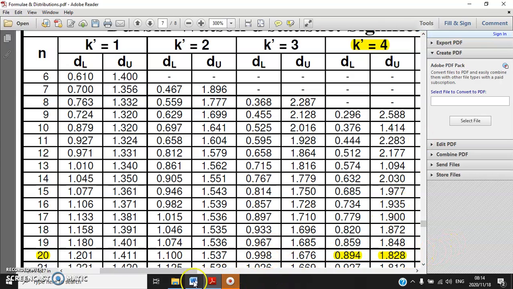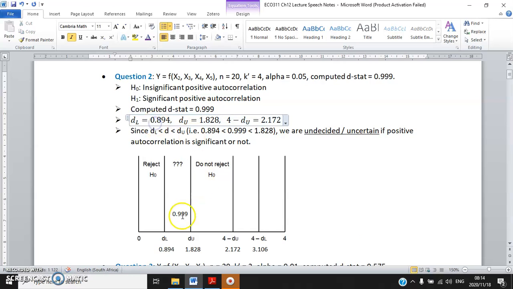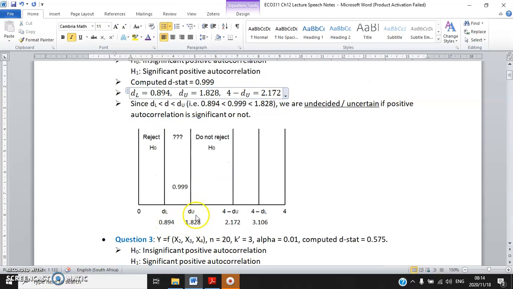Yes. Then you can use simple primary school mathematics to work out 4 minus DU and 4 minus DL. But now, since the computed d-stat 0.999 is greater than DL but smaller than DU, it lies in the "I don't know" region. So we conclude that we are undecided or uncertain if positive autocorrelation is significant or not.